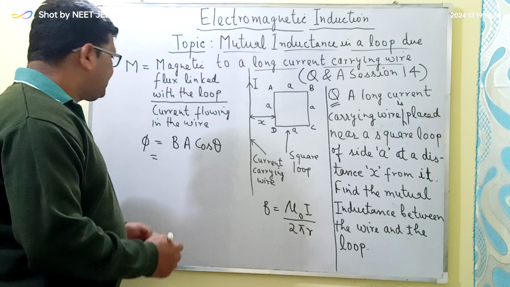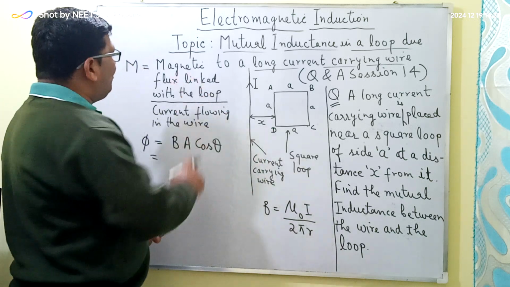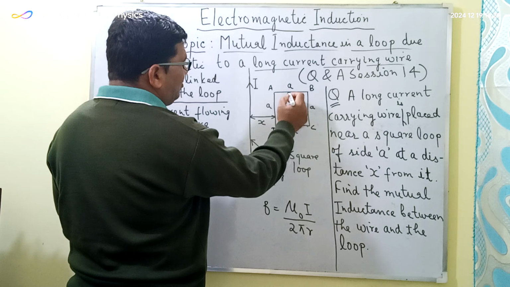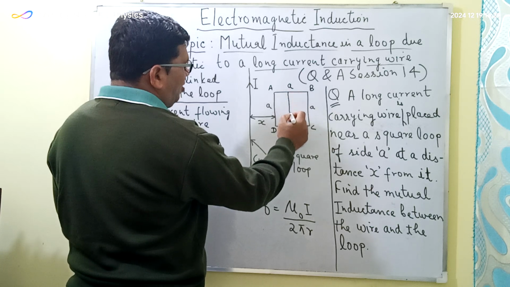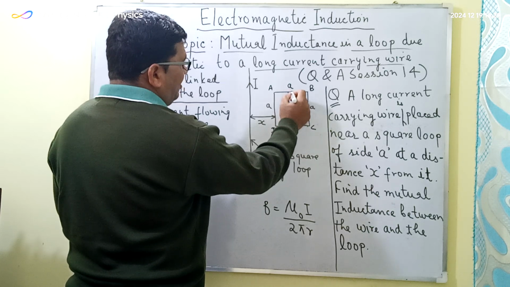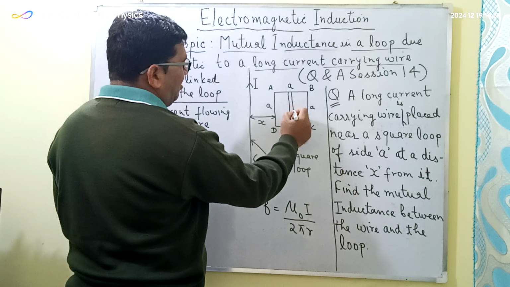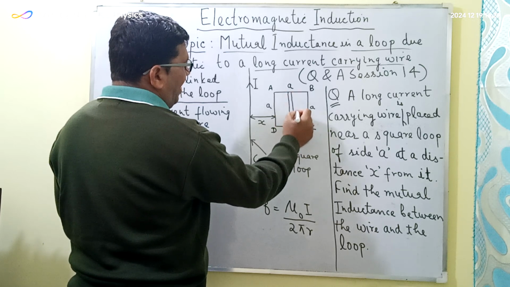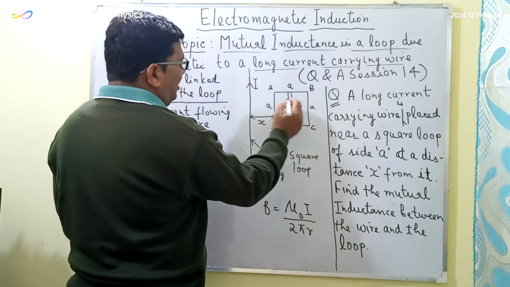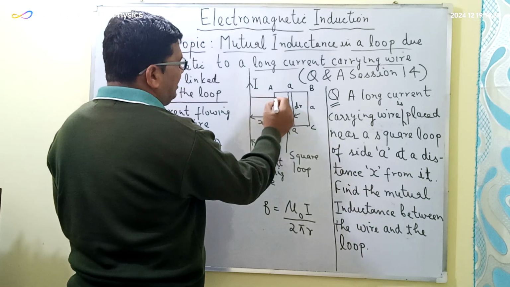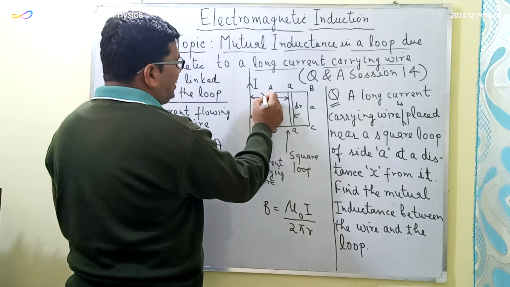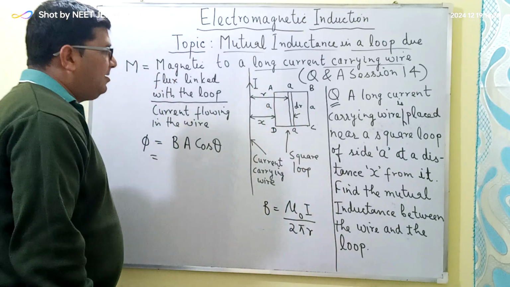Now here in this case, we have to find the magnetic flux which is linked with this entire loop. So in this case, I will be considering one small element of thickness, say dr, and this element is situated at a distance r from this wire.